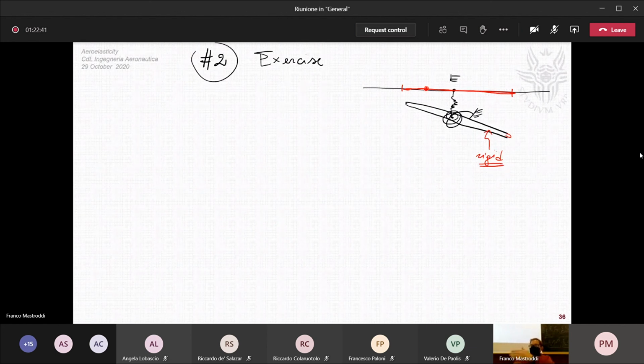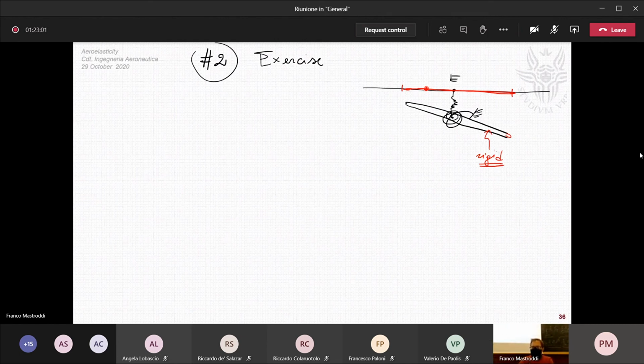But indeed you have also a translation in this direction, and this is another bending degree of freedom, but this is a bending in the plane. But what about this bending stiffness with respect to this bending stiffness.